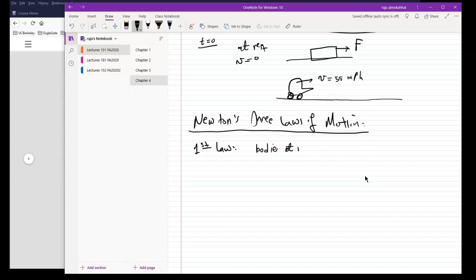Bodies at rest remain in the state of rest.